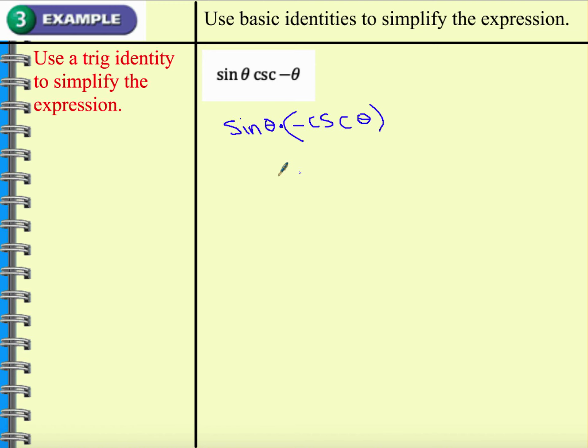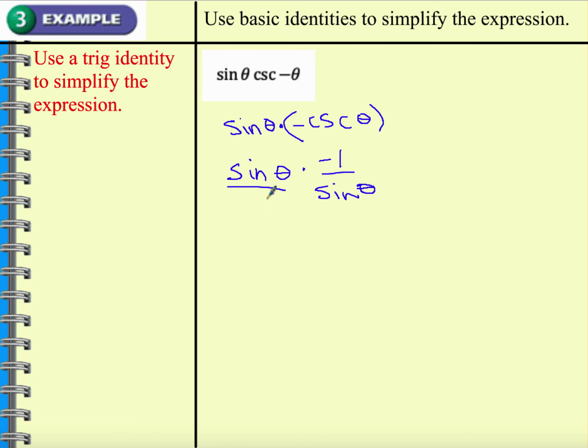And I can actually simplify this a bit further because I know that cosecant is really 1 divided by sine. So then this says actually sine theta times -1 over sine. Remember, the negative is getting multiplied to the cosecant, and since cosecant is really 1 divided by sine, I could write it like that.